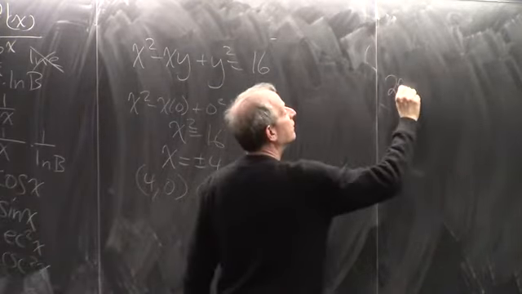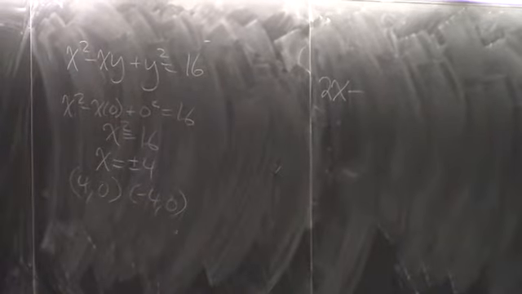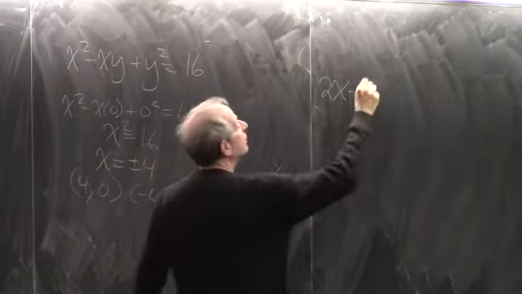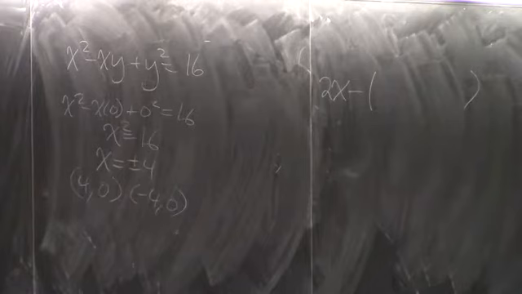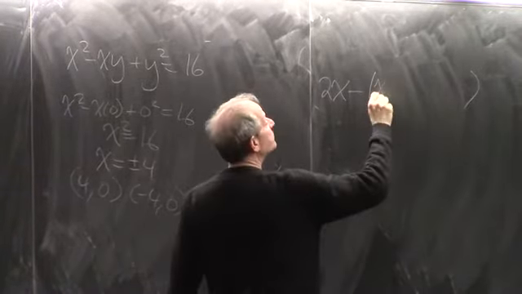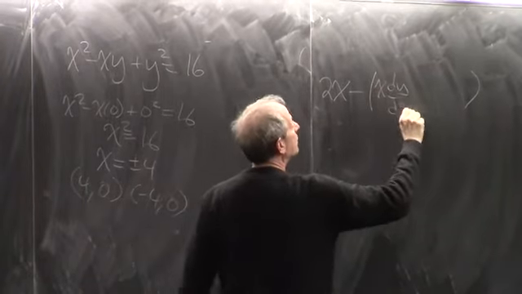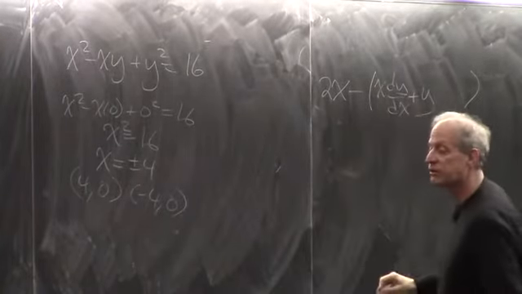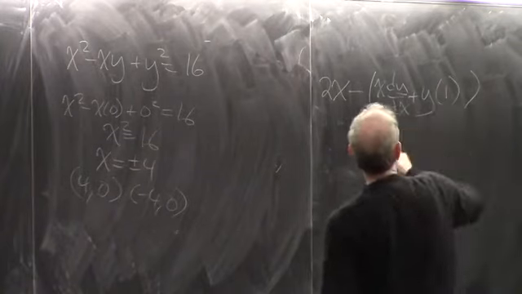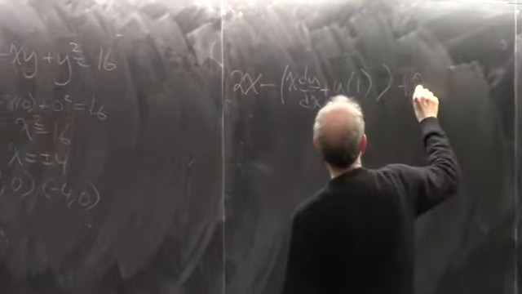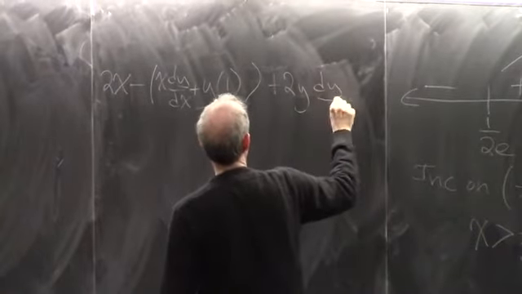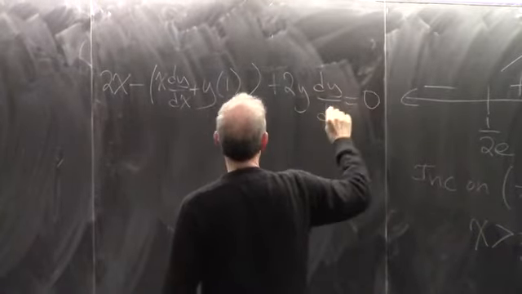It's 2x. Minus, now for the derivative of xy, you need to use the product rule. So that's going to be x times the derivative of y, which is x times dy/dx, plus y times the derivative of x, which is 1. Plus the derivative of y squared, which is 2y dy/dx, equals 0.